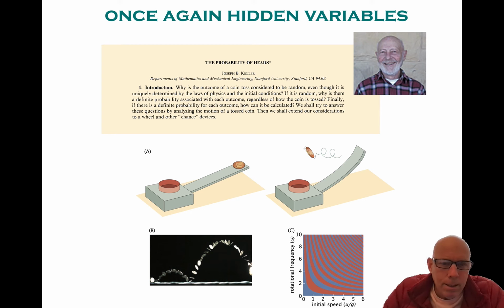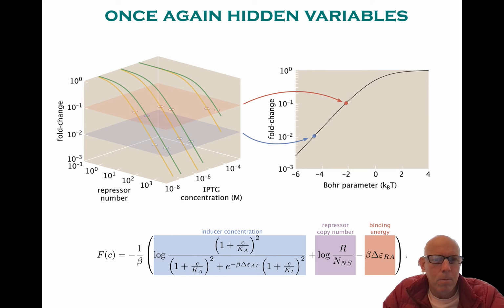So basically, the initial velocity and initial rotational speed, or rotational frequency, are hidden variables. If I happen to know them, this is not a random coin flip anymore. So what I'm saying is that in the context of this allosteric system, there are the pipetting variables, the things that we pipette: the repressor number, the IPTG concentration, the DNA binding strength, and so on.